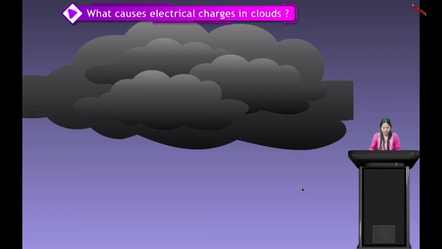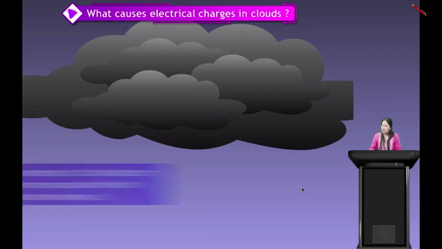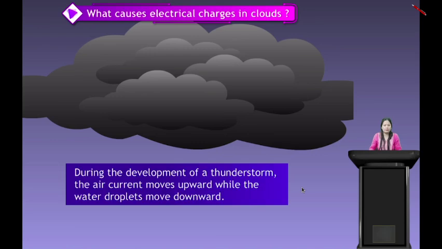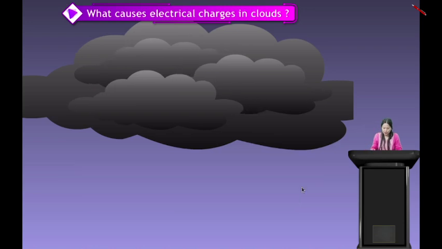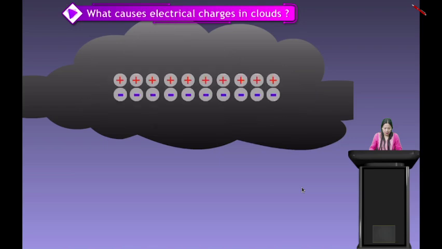Let us see. Here we see clouds. During the development of a thunderstorm, the air current moves upward while the water droplets move downward. Because of this, we see here different kinds of charges, the positive charge and negative charge.